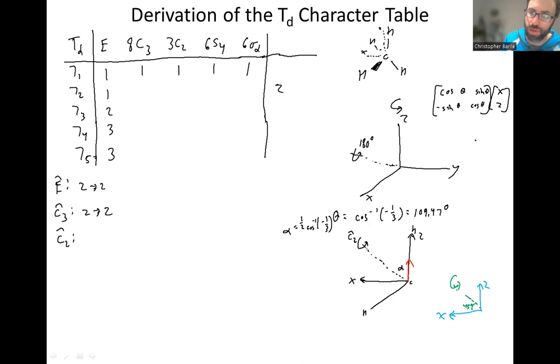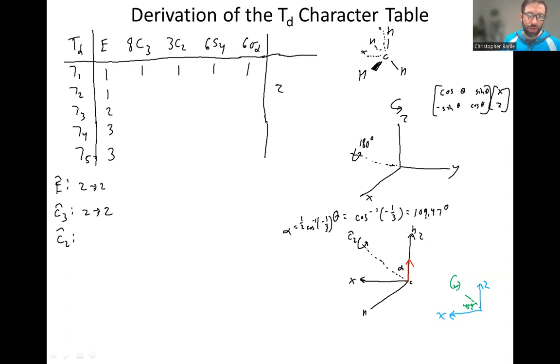And the component that we really care about in this case is, what happens to z. So you can see z is going to go into some linear combination, negative sine theta x plus cosine theta z. Okay. Now, what this is already telling us is that x and z are transforming together. Okay.